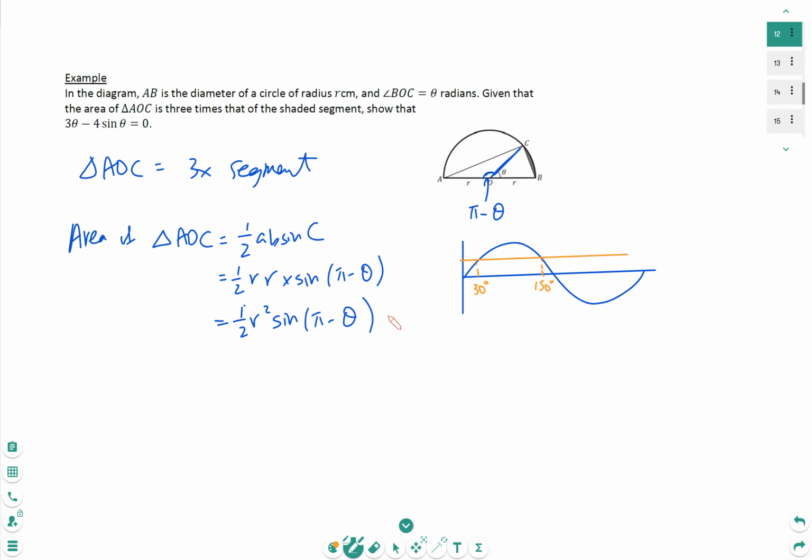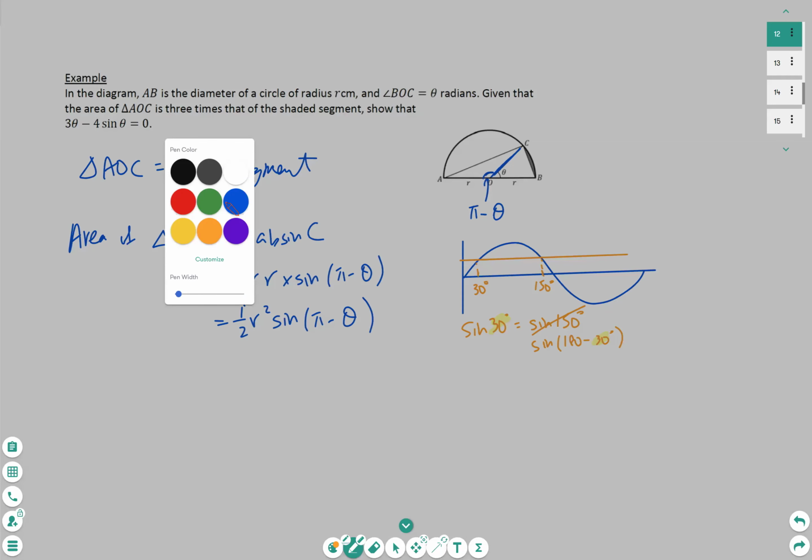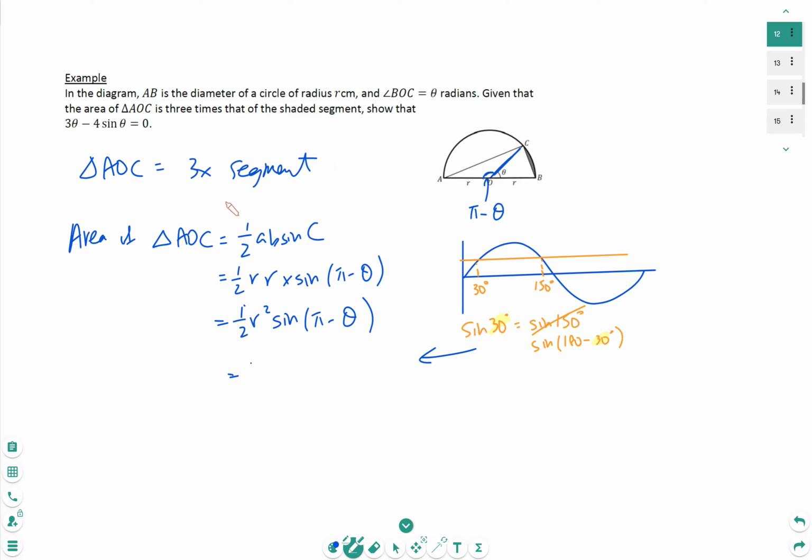So 180 degrees minus 30 is equivalent to sine 30. So sine 30 degrees is the same as sine 150, which we can rewrite as sine of 180 minus 30. Can you see the relationship here? Sine pi minus theta is the same as sine theta. So therefore, we can now rewrite this as half r squared sine theta. That's the trickiest part of the question.